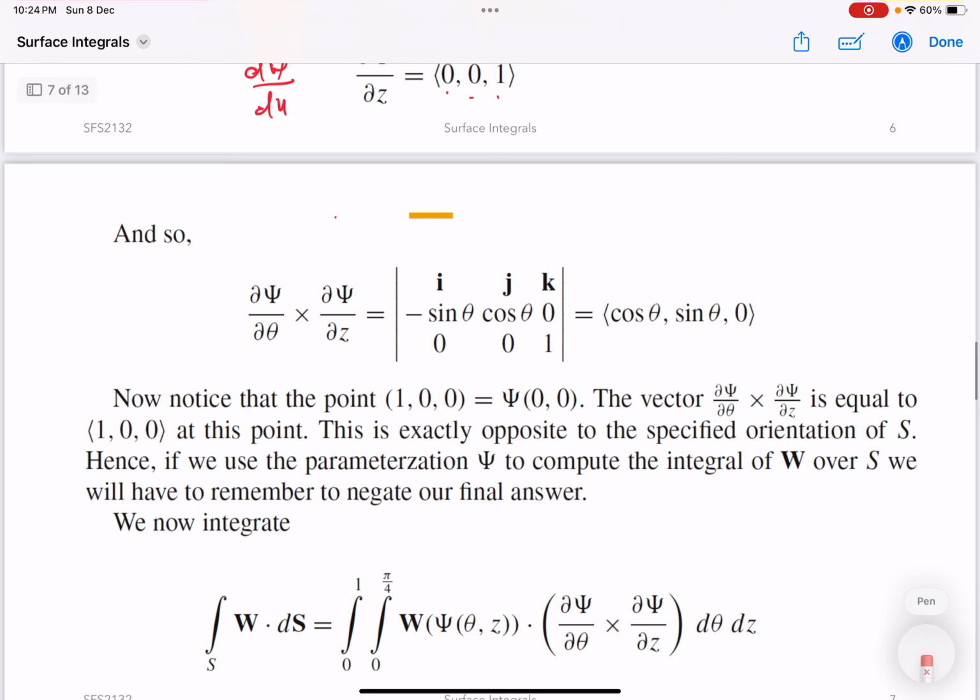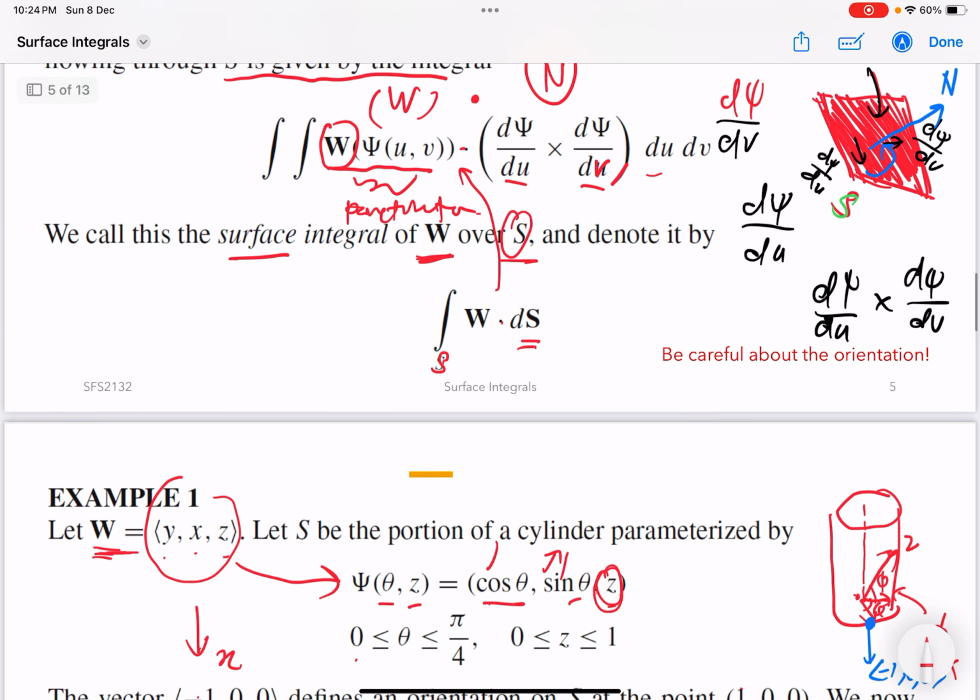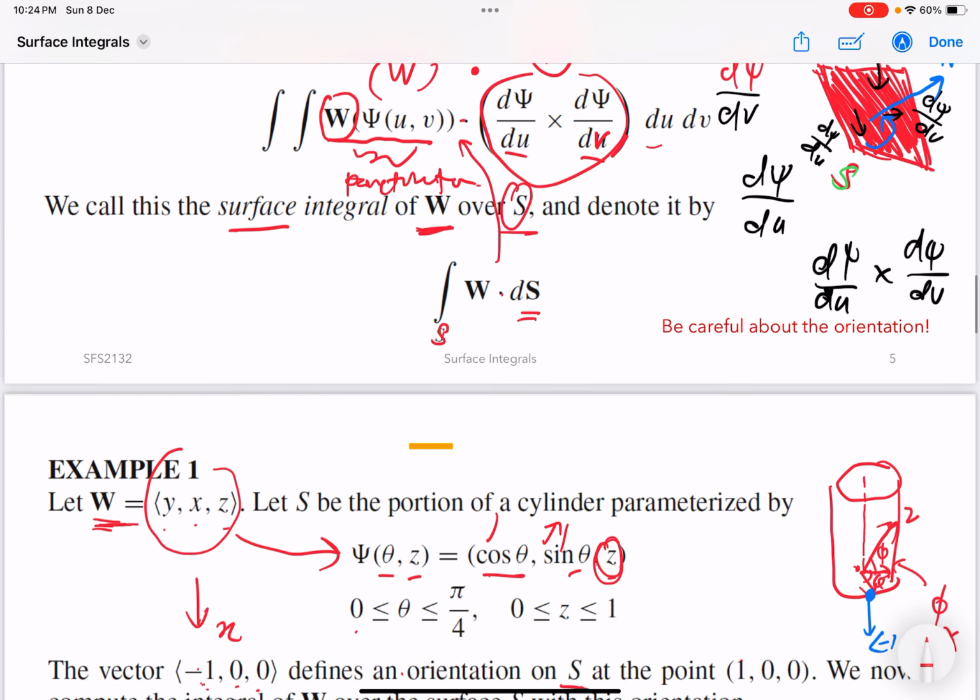According to the equation given here, you need to have a cross product before you have a du dv.